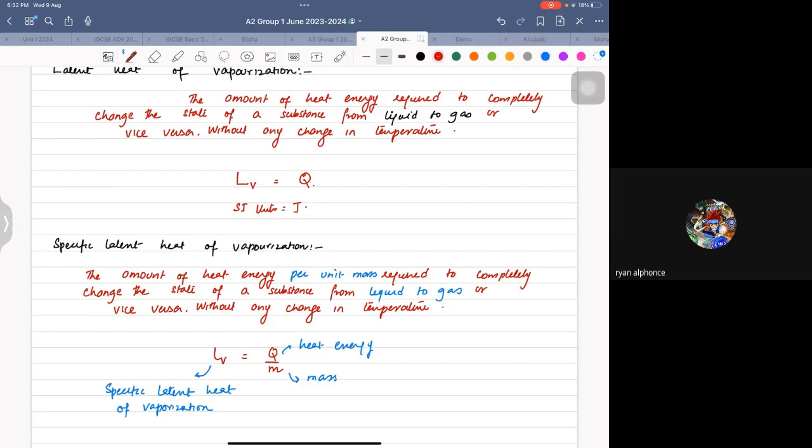And the SI units are again joules per kilogram, like that. If you guys have any questions here, please let me know. Right.